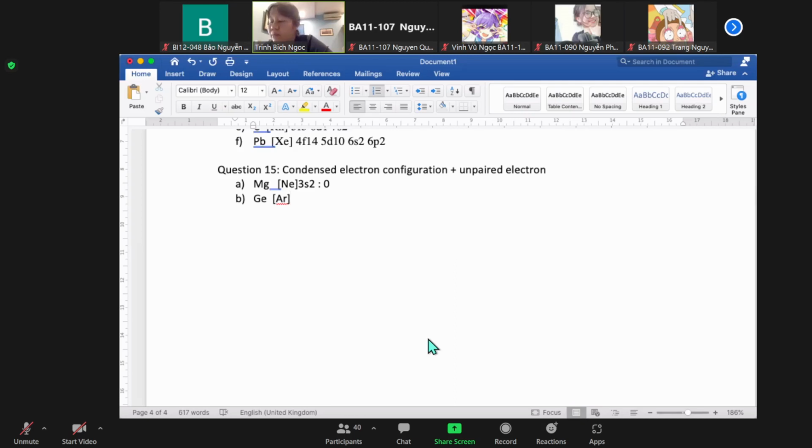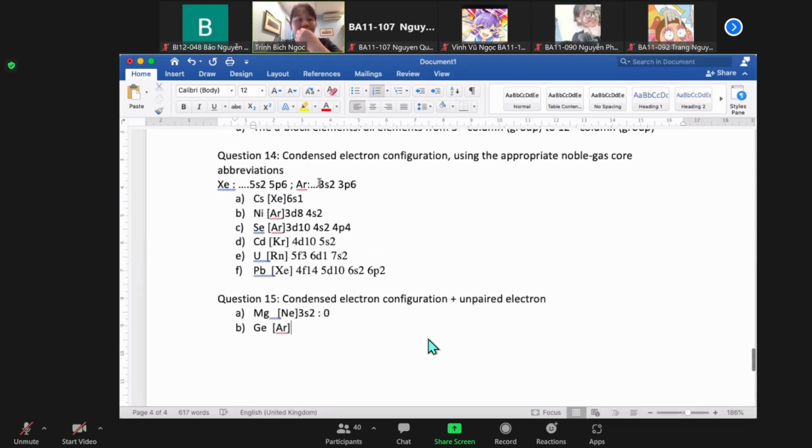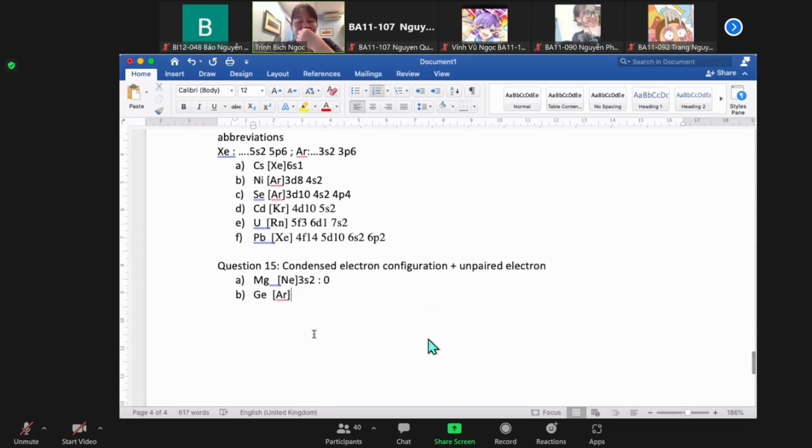So germanium will have, argon có 18 ạ. Germanium có 32 electron. Vậy ta phải điền thêm bao nhiêu ạ? 24. No. 14. 14. Okay. Ta nhớ không, argon đã đến 3s2 3p6, ta còn điền 14 ạ, 14 electron nữa ạ. 4s2, 3d10.